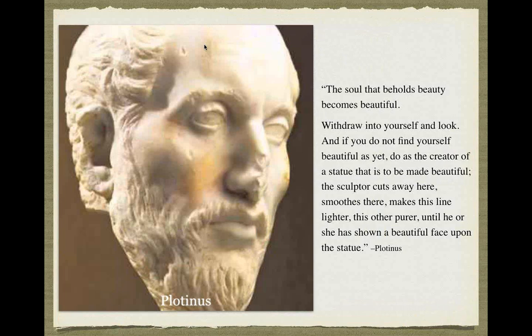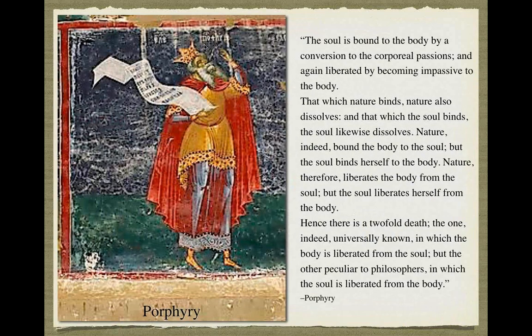Then there is Porphyry, an interesting character, whose name means clad in purple, because he came from a royal family. He wrote a treatise on Neoplatonism called Aids to the Study of the Intelligibles, but was best known for the work Introduction to Categories, famous especially during the Middle Ages for its philosophical categorization of substance into five components: genus, species, difference, property, and accident.